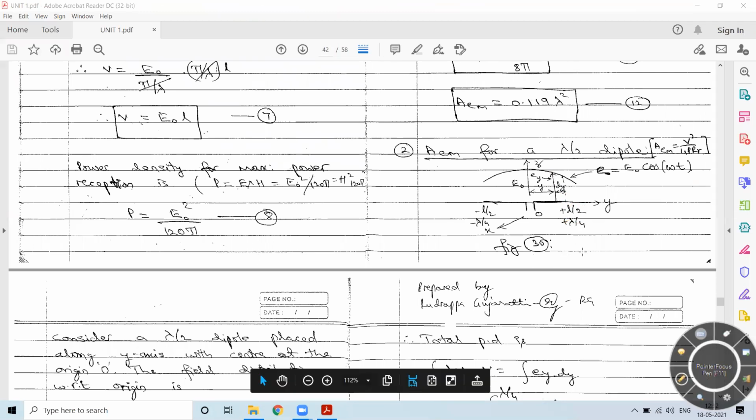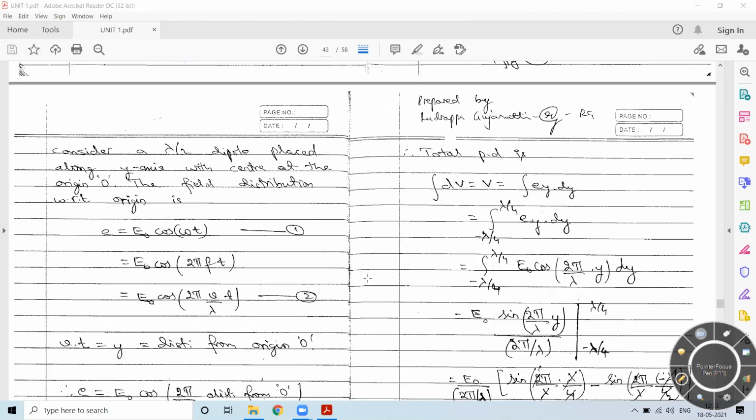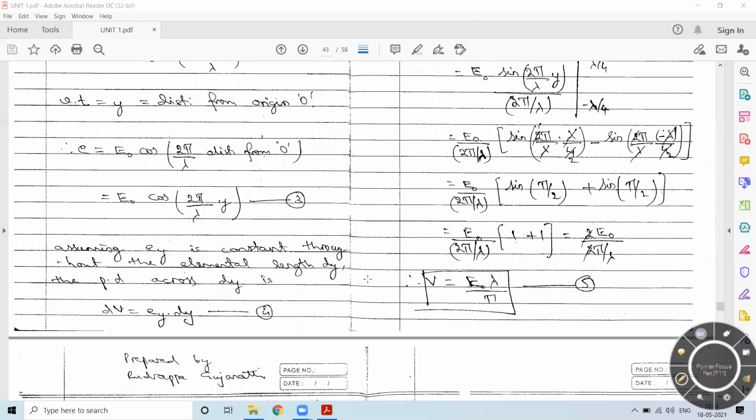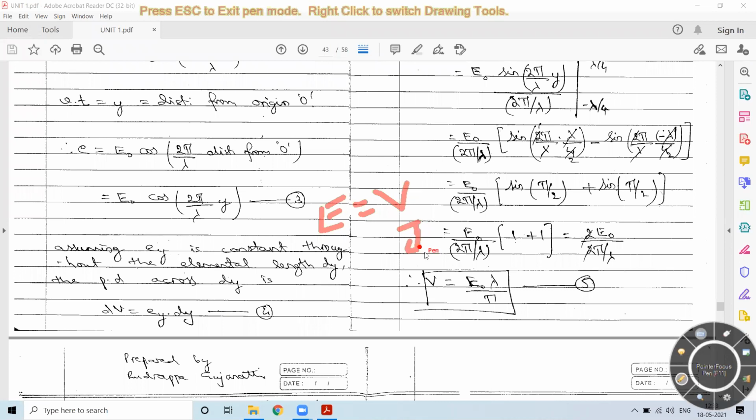Now what we do is we consider an elemental length dy, and over this elemental length this is the electric field. We try to identify the elemental potential over the elemental length. So we make use of the previous equation, that E is given by V by D. Therefore, to identify the potential, I take the electric field and multiply it with the distance parameter.